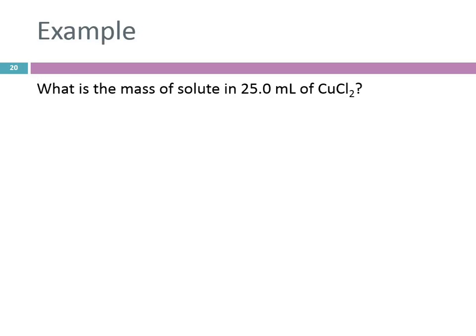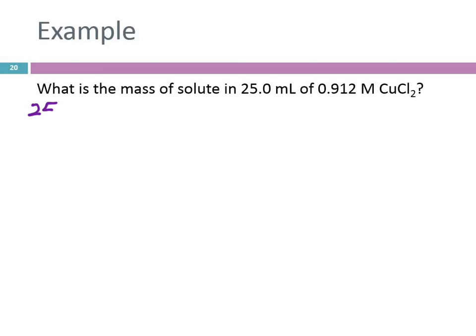This question is missing something. Let me fix it. What is the mass of solute in 25 milliliters of 0.912 molar CuCl2? We're asked for mass of solute. Well, let's write down the things that we have.